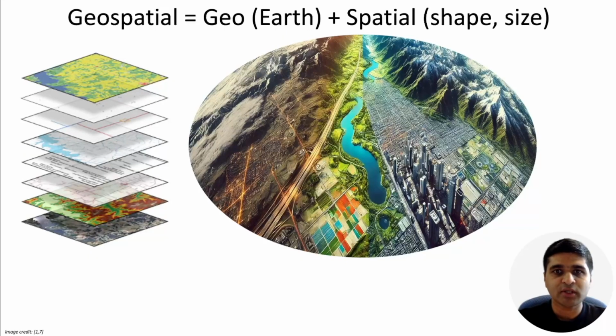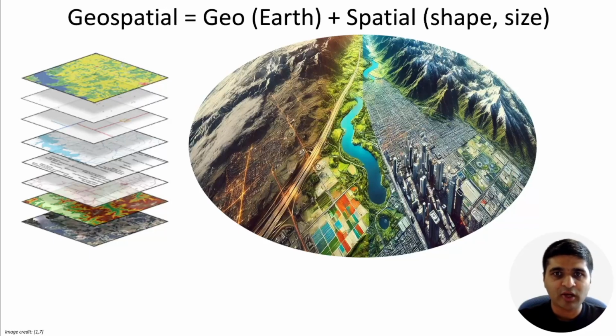Everything that we see around us, like mountains, rivers, roads, and bridges, takes up space and has a certain shape and size. Because all these features exist in specific places and can be measured, we can call them spatial features. The word geo means earth, and spatial means their shape and position in space.